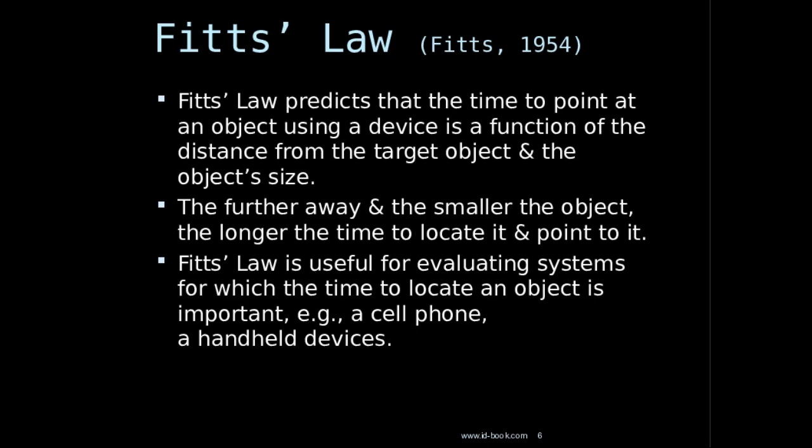Once we know MT or index of performance, we can design the objects in such a way that the index of performance can be increased or the movement time can be reduced, or we can come up with some other strategy of where and when to place it. So once we know the index of difficulty, movement time or index of performance, we can decide the size and the distance of each of those items and then try to improve the index of performance or movement time.